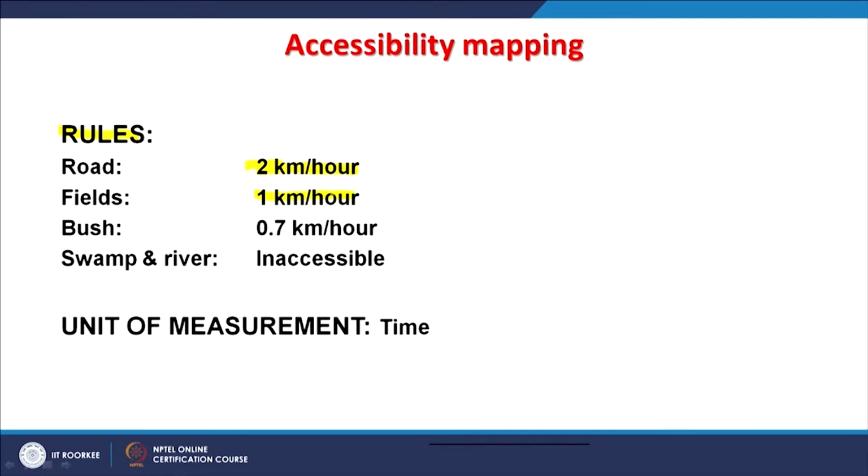So, it is just half, and if one has to pass through the bushes, then this would be 0.7 kilometer per hour. And of course, swamps and rivers are inaccessible, nobody will go and swim through that. So, the unit of measurement in our analysis of accessibility mapping is time.